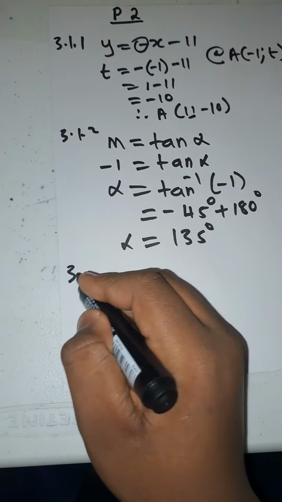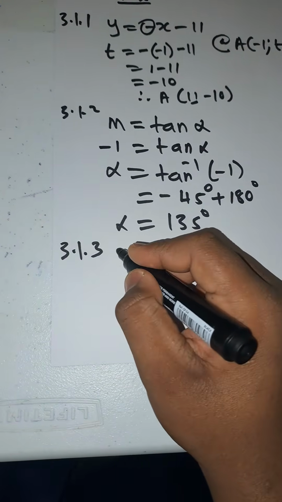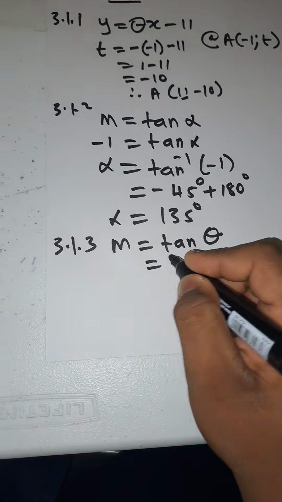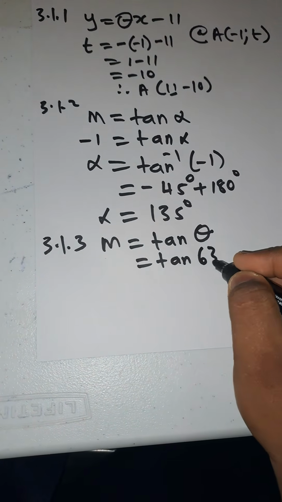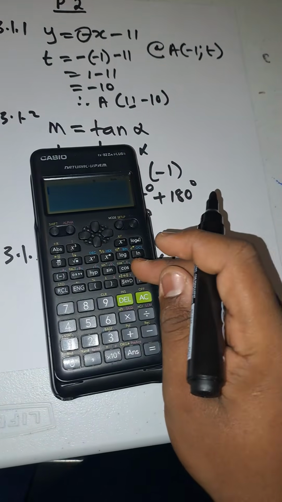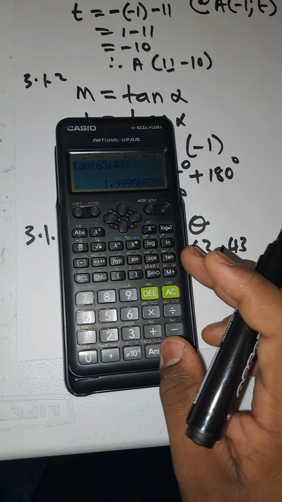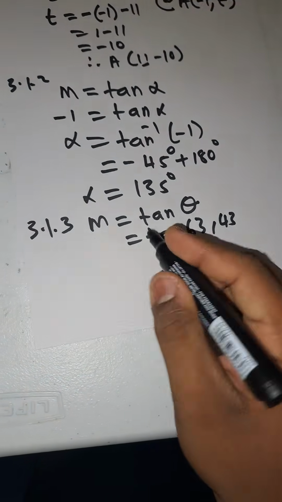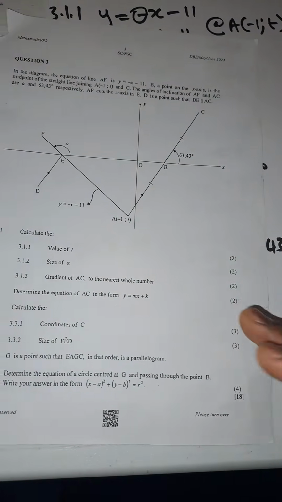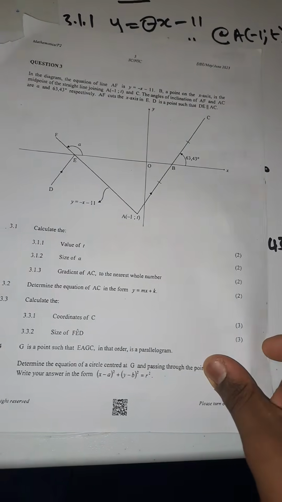So for 3.1.3, since I have the angle of inclination, I can say m equals tan theta, so it's going to be tan 63,43. I was told to the nearest whole number. Then you get 1,999, which means your gradient is 2. And at the same time, as a mathematician, you can see that this is an increasing line, so your gradient must be positive.